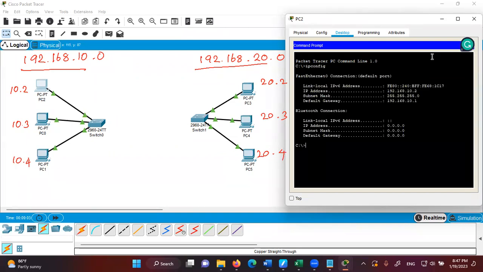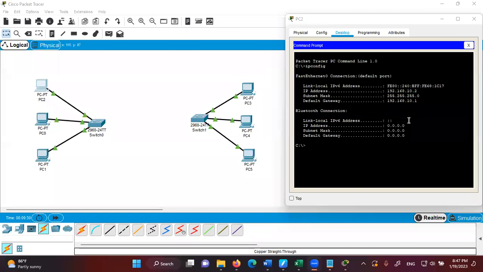If you press ipconfig, you can see the IP configurations here. This is 10.2 and subnet mask, default gateway. So like that, now we have given all the IP configurations to the computers.